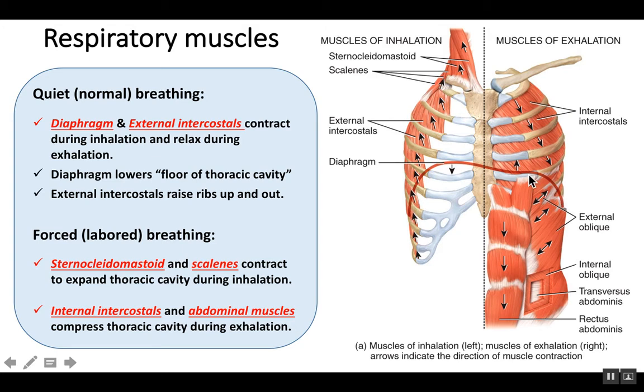So when the diaphragm contracts, it flattens, and that enlarges the chest. The external intercostals, located in between the ribs, move those ribs up and out. So together, when they contract during quiet inhalation, the thoracic cavity expands, and therefore the lungs expand.